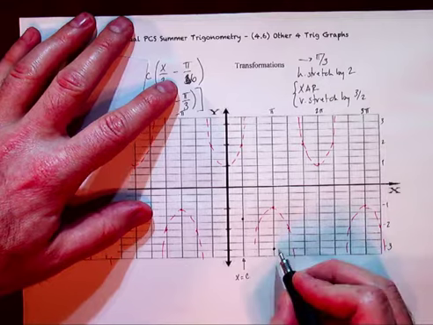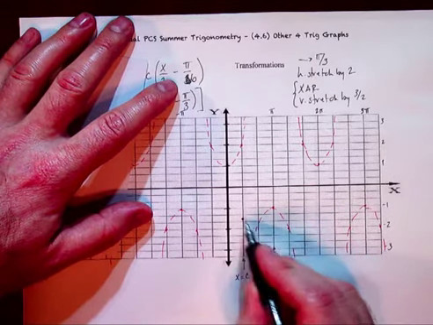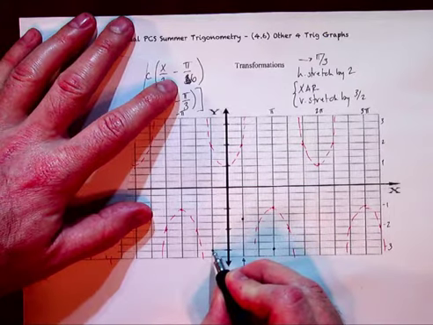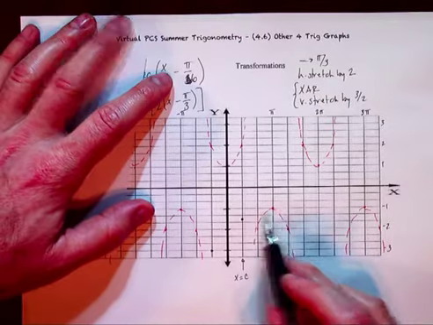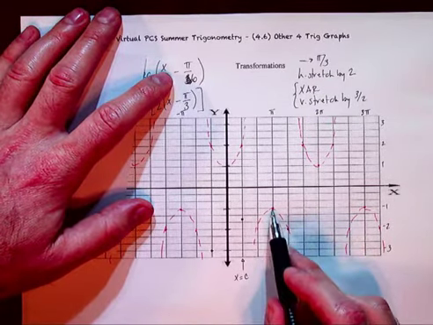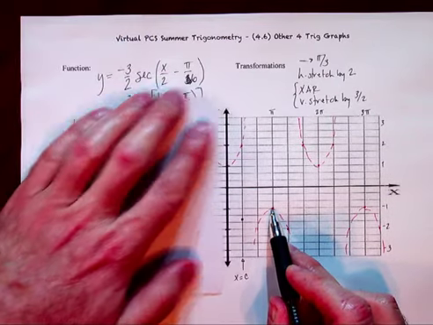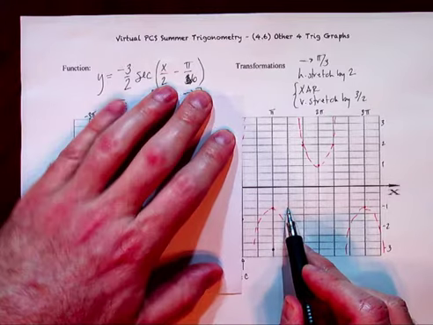Now, if this is my maximum in between my new asymptotes, I know that there's going to be symmetry here. So if this goes over and down, you have a symmetrical point over here as well. Okay, let's go ahead and take the points on this portion and move it over. Now remember, I'm moving over pi over 3. I'm going to stretch it by 2.